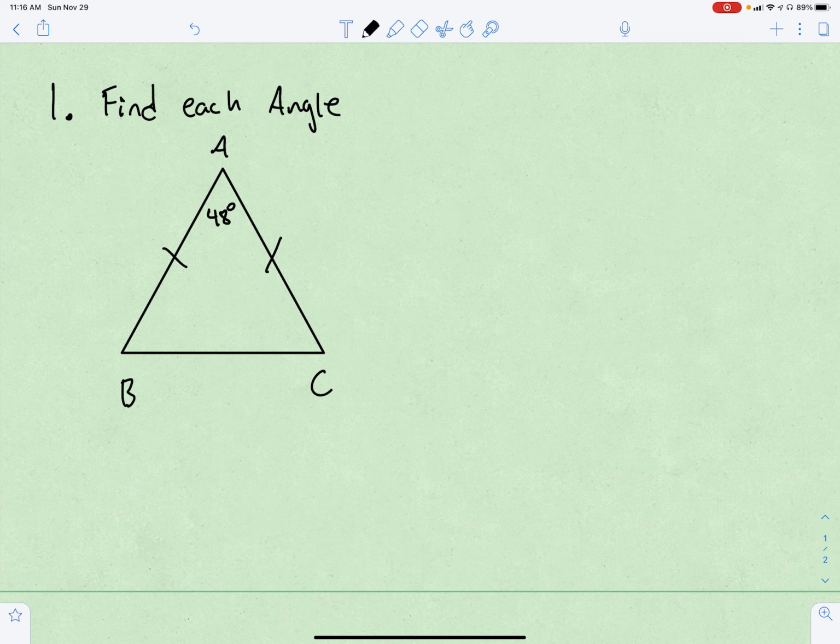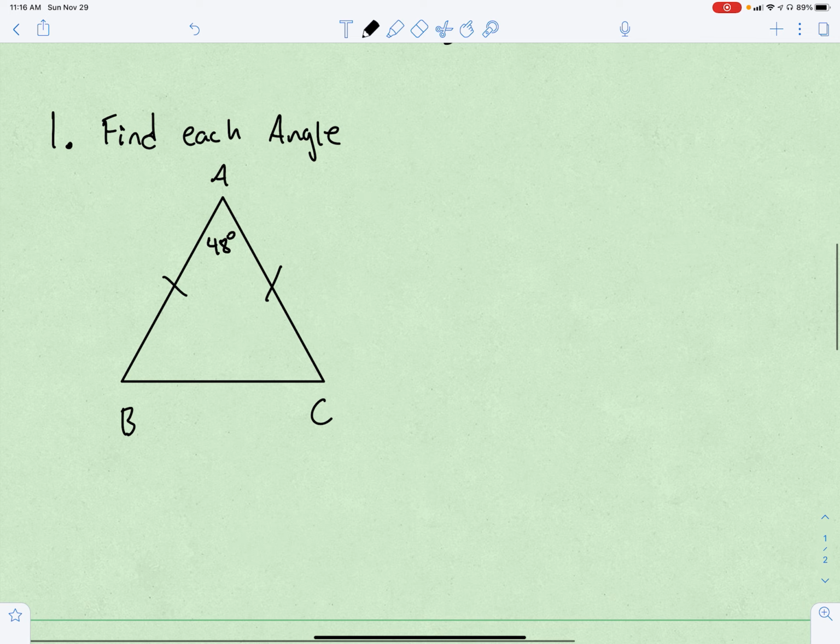So we're trying to find angle B and angle C. Well, we know that these two sides are congruent. We know that AB and BC are congruent because of the markings. So that means the angles that are opposite are congruent, which means that angle B is congruent to angle C. So that's the first thing I'm going to write out, in words.